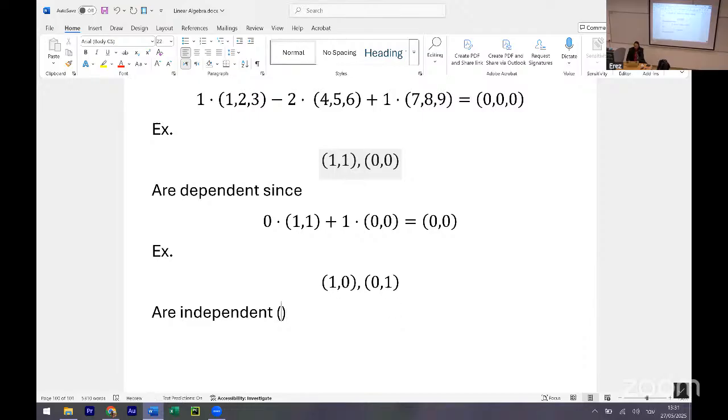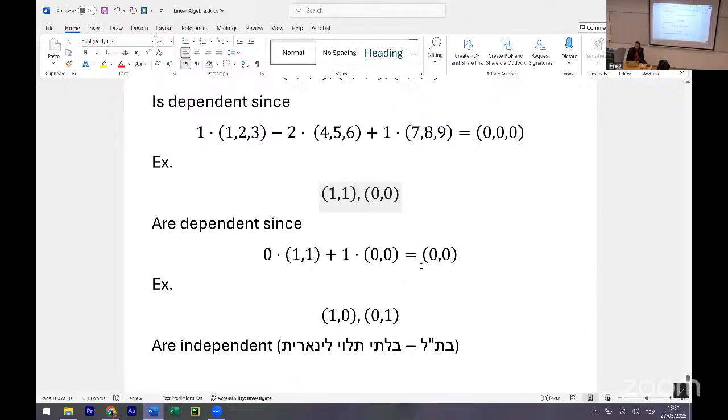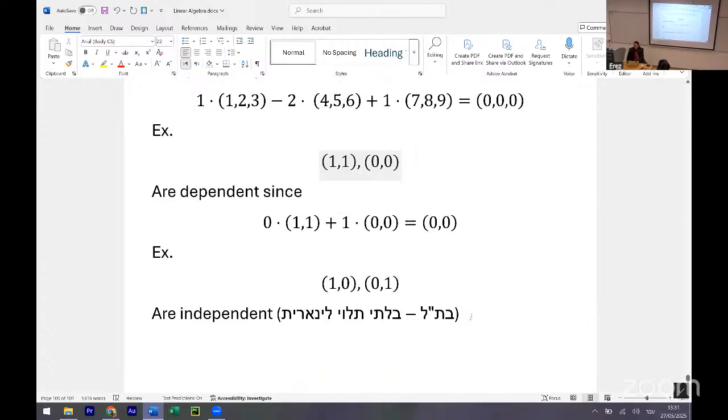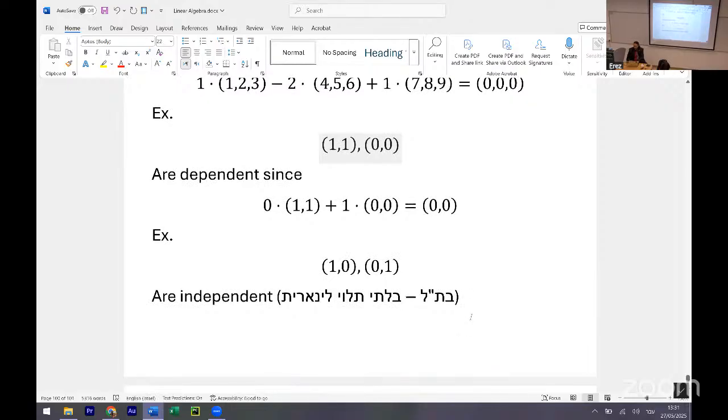Independent is batal, since it's בלתי תלוי לינארית. Okay, and dependent is tal, which is תלוי לינארית. Yes, batal, not betel.